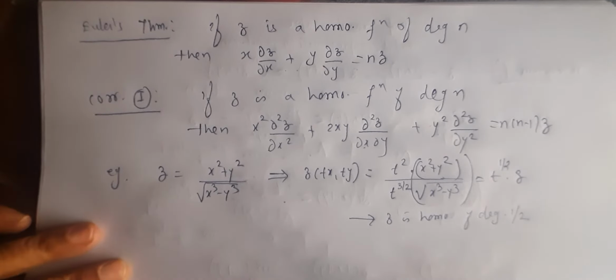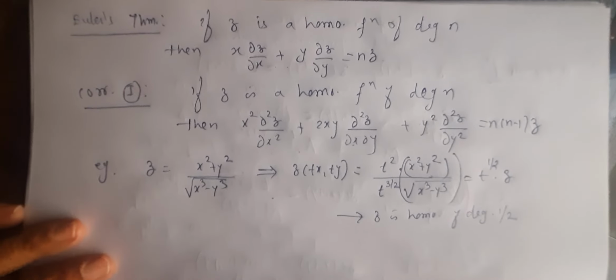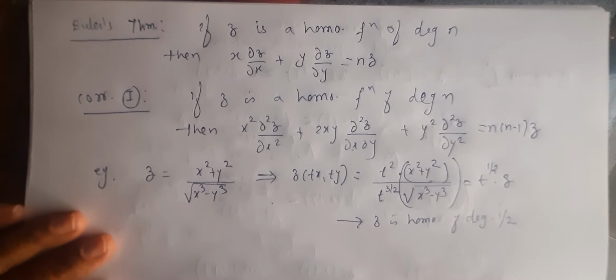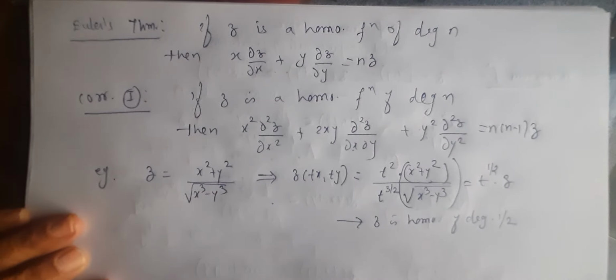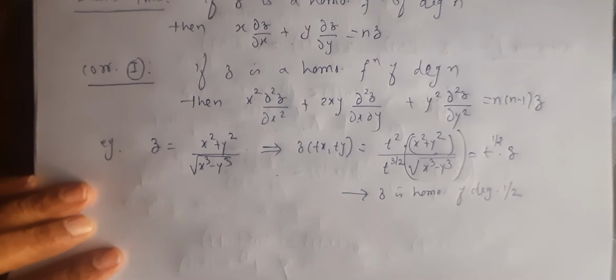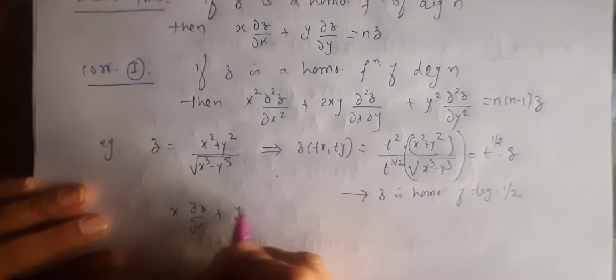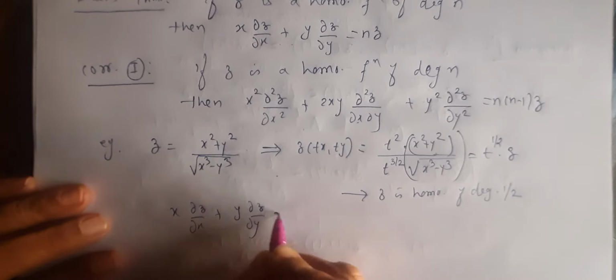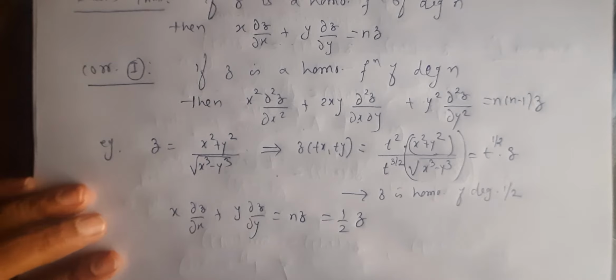Now the moment you see it is homogeneous of degree half, what is our Euler's theorem statement? It says this expression is equal to nz. So for this problem, what are we going to get? We are going to get x ∂z/∂x plus y ∂z/∂y, which was nz, simply half into z.